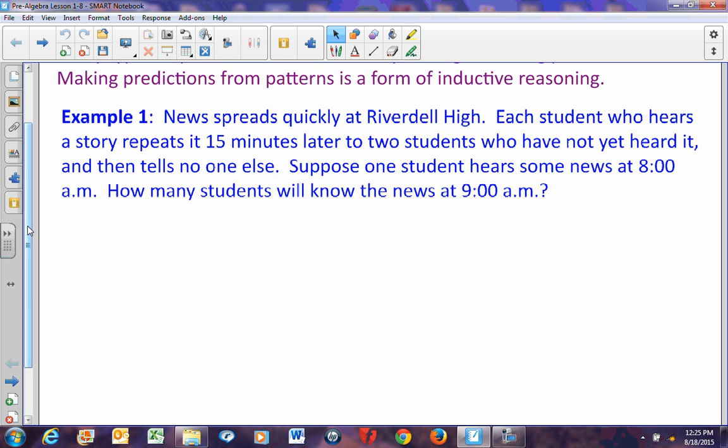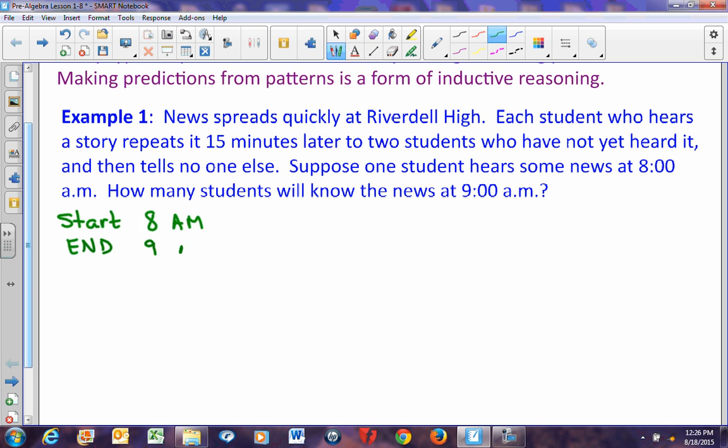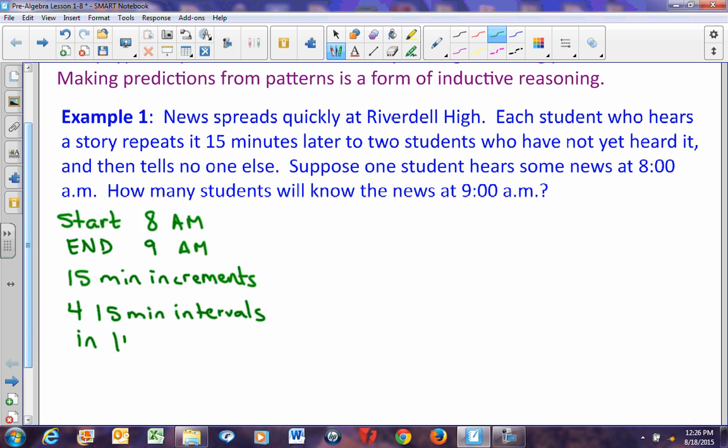We start at 8 a.m., end at 9 a.m., and they're told in 15-minute increments, which means four 15-minute intervals in 1 hour. So that's my pertinent information.